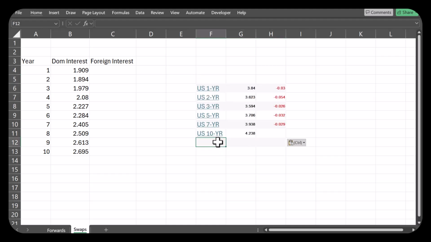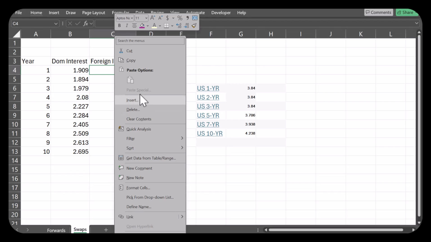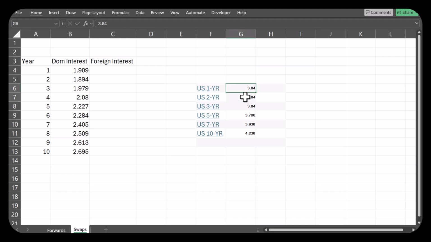But we have resources to get them. So 1, 2, 3 is already available. You have 5. I have 7. And I have 10.